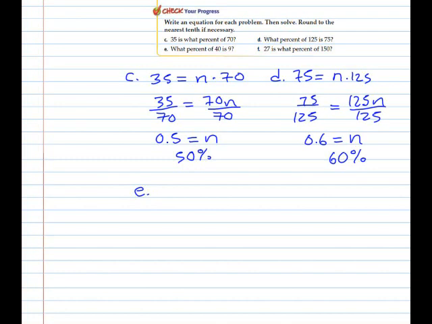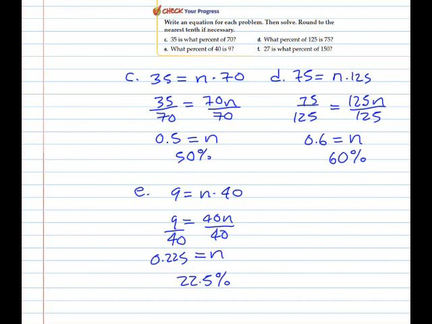Example E. Again, we know the part. 9 equals n times 40. We're looking for percent. N represents percent. So we have 9 equals 40n. We're going to divide both sides of our equation by 40. In this case, n equals 0.225. So to the nearest tenth, n equals 22.5%.